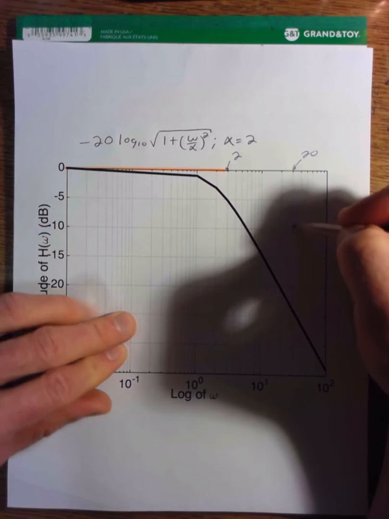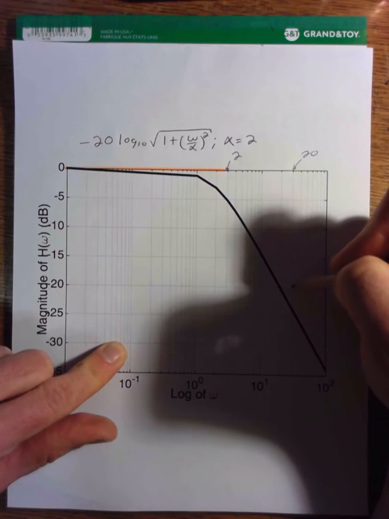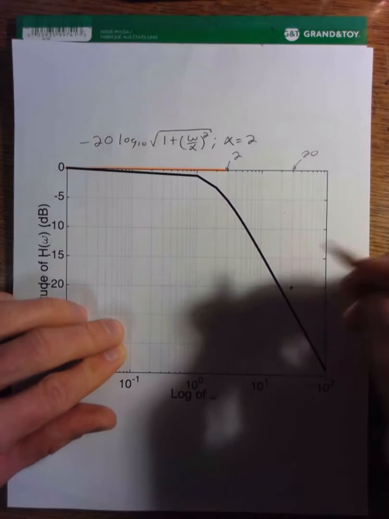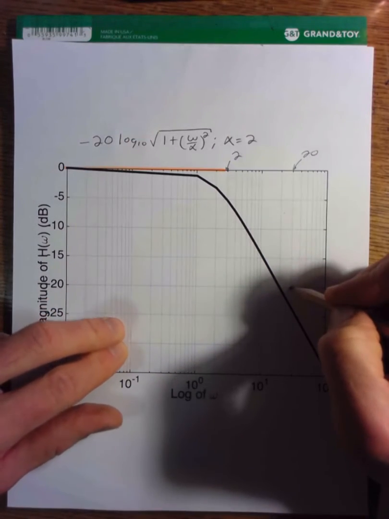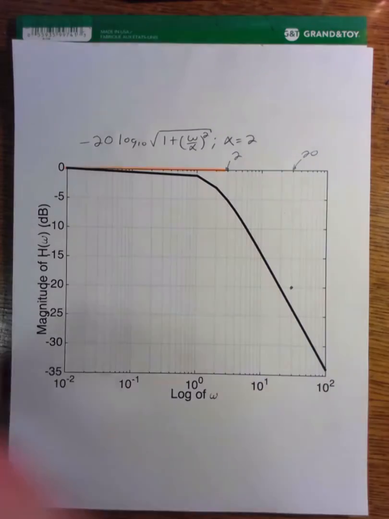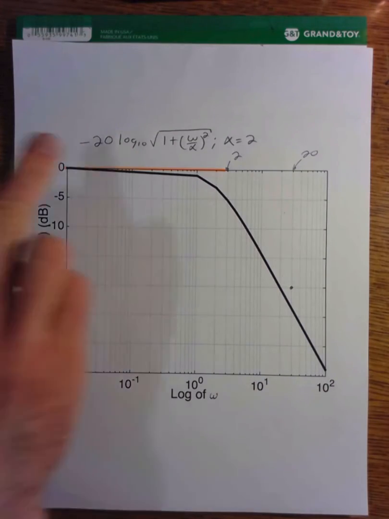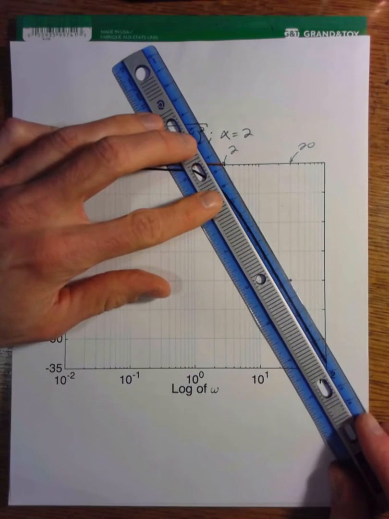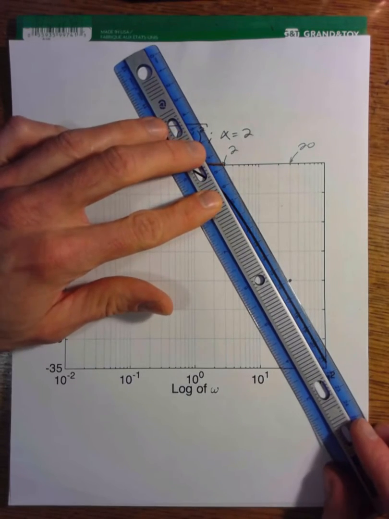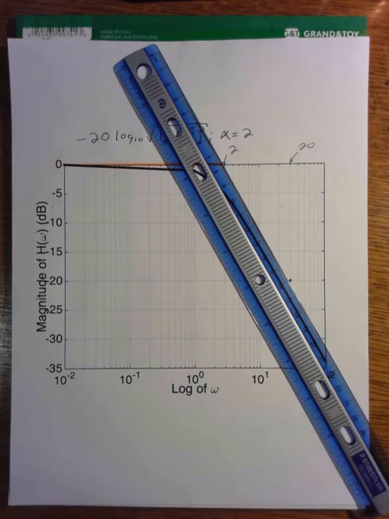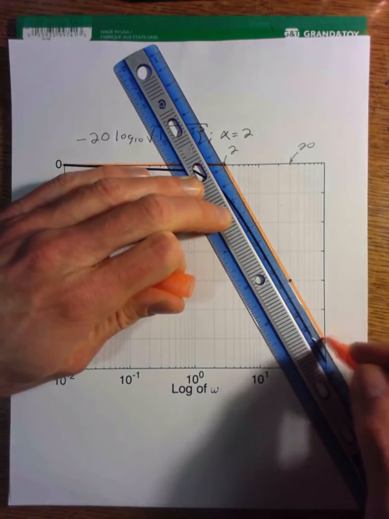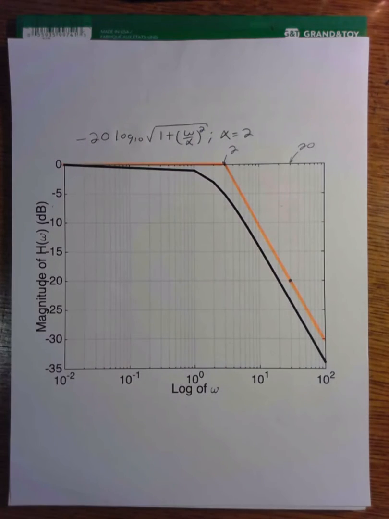We go to minus 20 dB in this case, because our slope is negative because of this negative sign. And then we draw our straight line. And it looks like that.